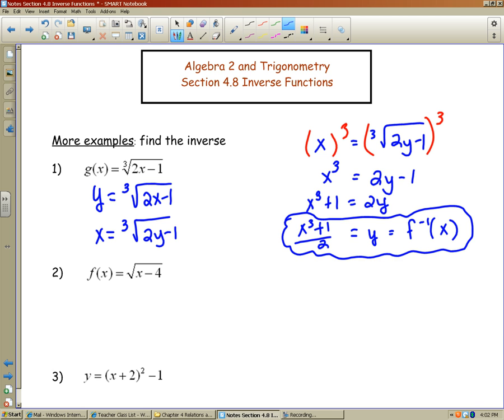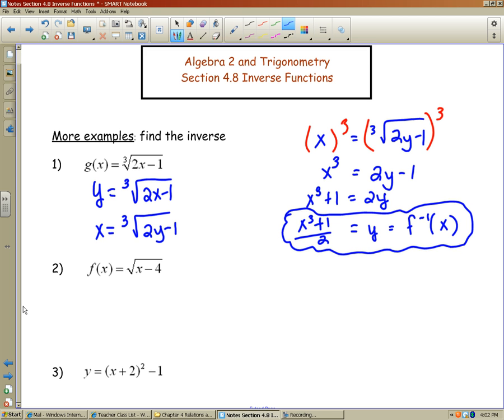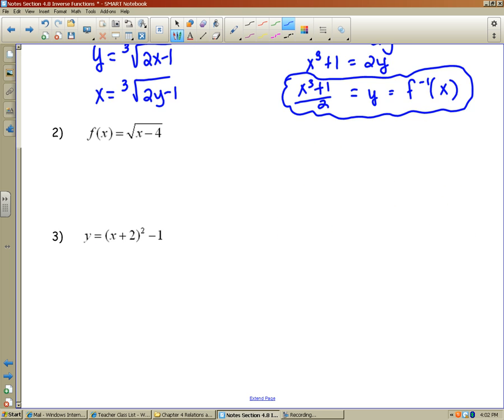Try the next one. Again, pause, try it on your own, and then check. So remember, f of x is y, so we'll change that to x.